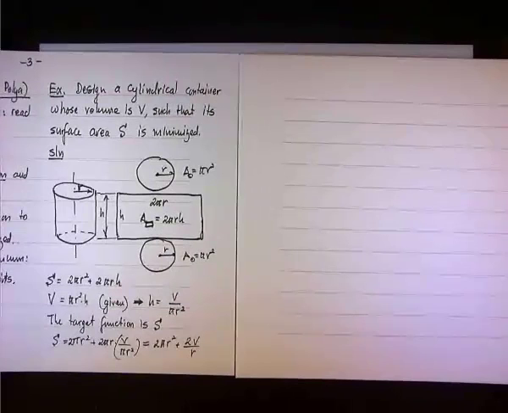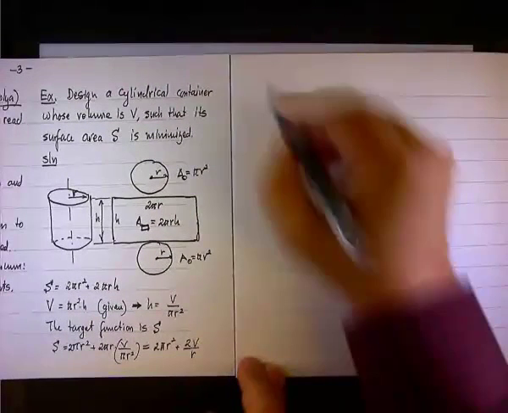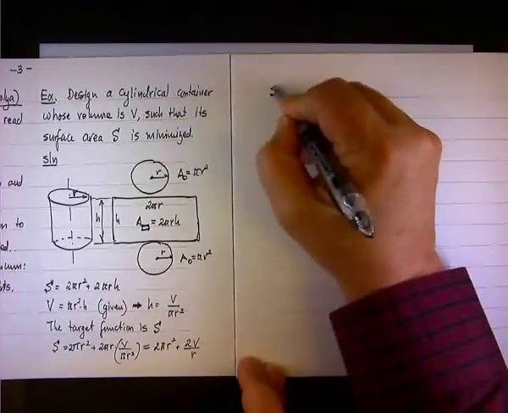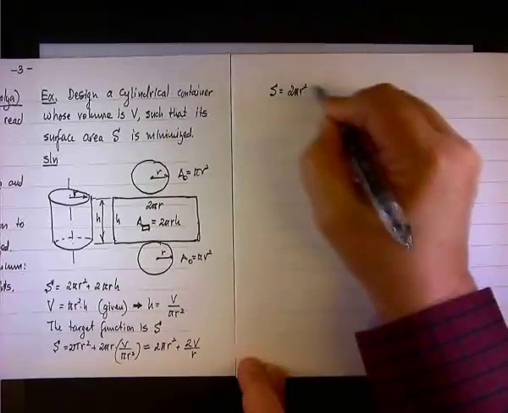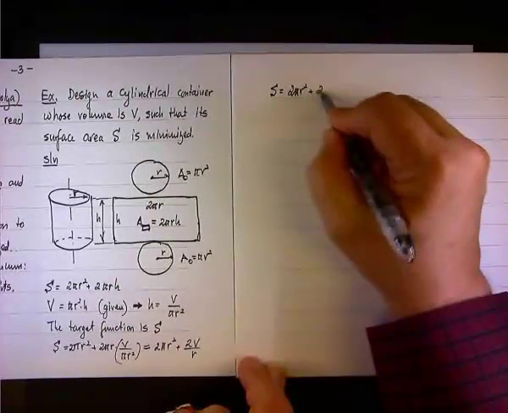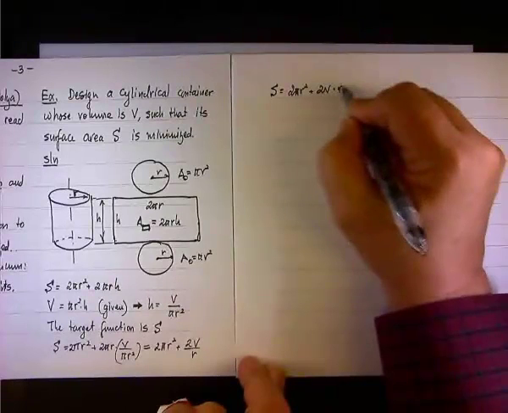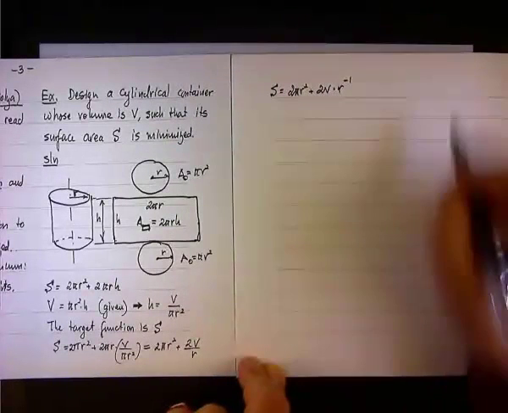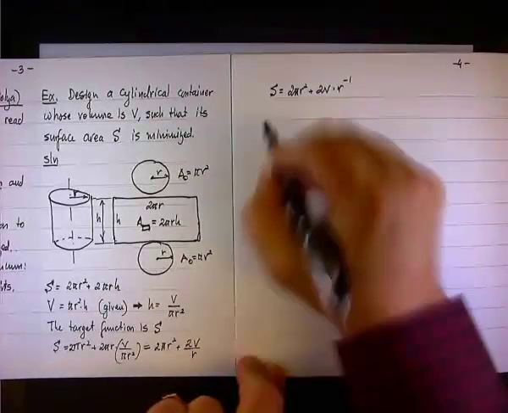Let's take it to the next page. And let's write, instead of 2V divided by r, r to the negative 1, because we love the power rule for differentiation.